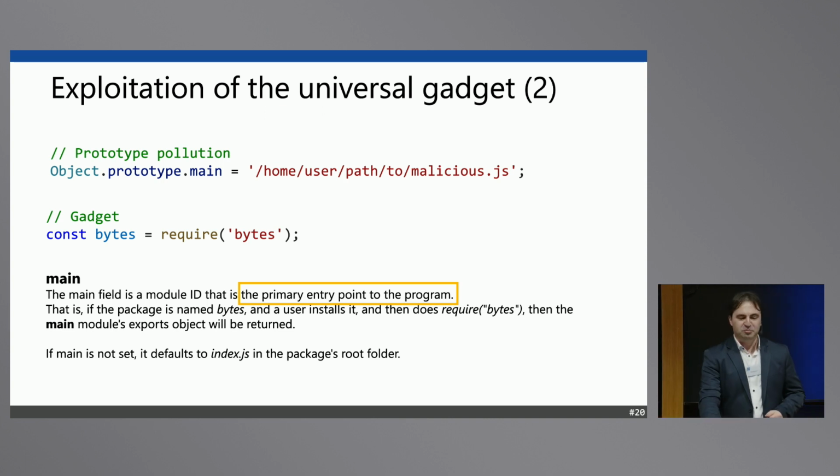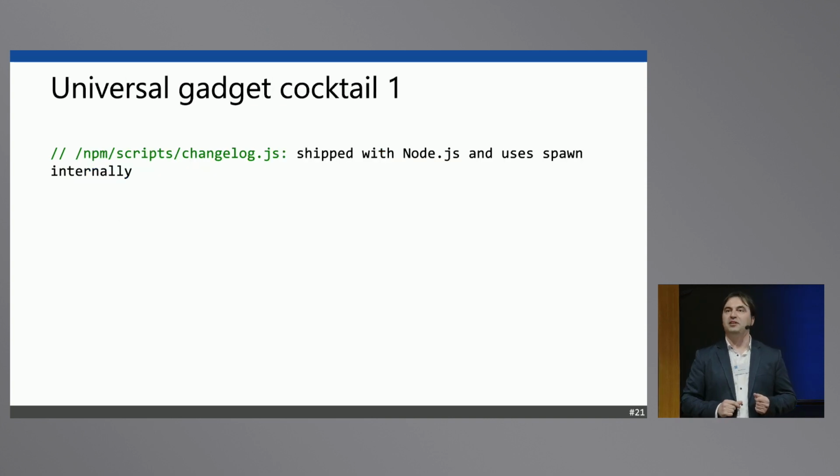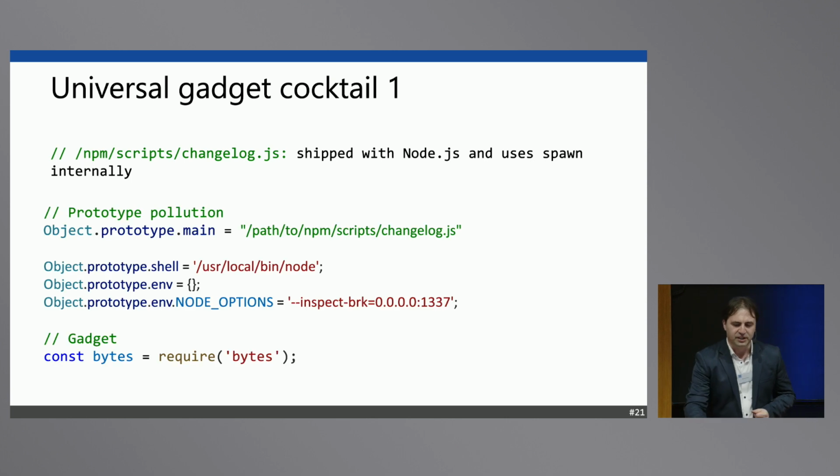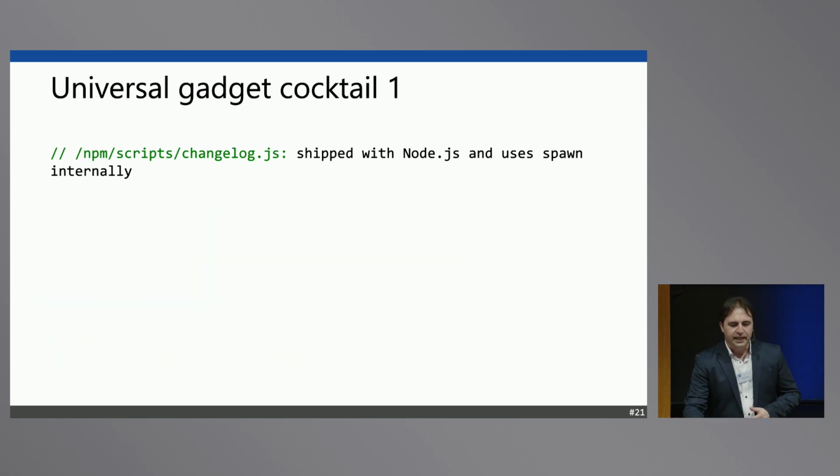I agree with that. But once we have these two gadgets, then we can, if you like cocktails, start putting them together. So if the first gadget was rum and the second was Coke, then we do Cuba Libre now. Okay? So let's try to do that. So let's see what's happening here. So I have some file that comes with the system itself. It doesn't really matter. It's called changelog.js. So all I know about this file is that it will always get executed, and it calls this spawn function.